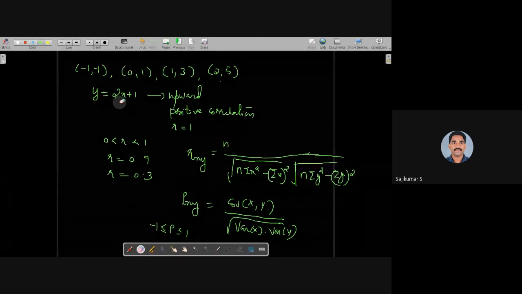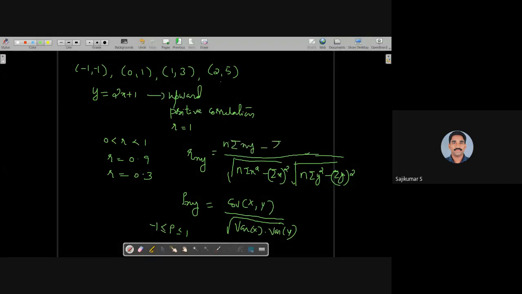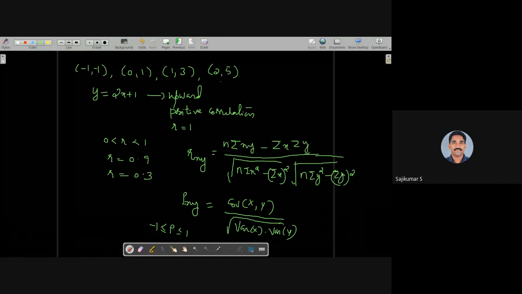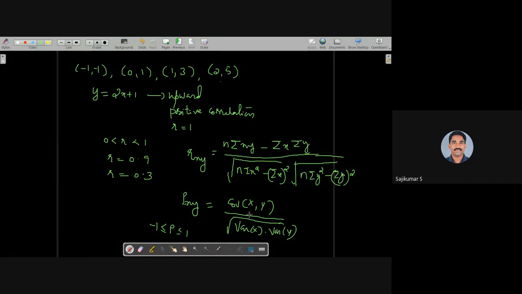The first quantity is n sigma xy, n into product sum. So Rxy is n sigma xy minus sigma x into sigma y, the whole divided by square root of n sigma x square minus sigma x the whole square into n sigma y square minus sigma y the whole square.